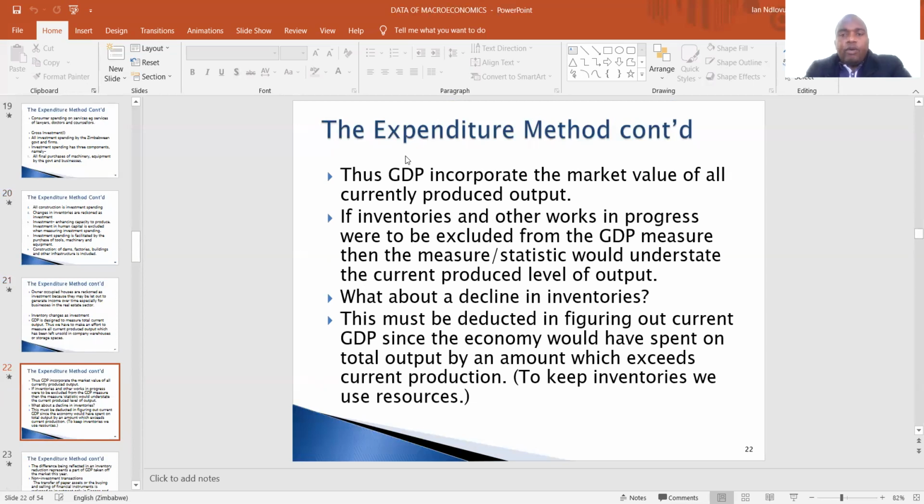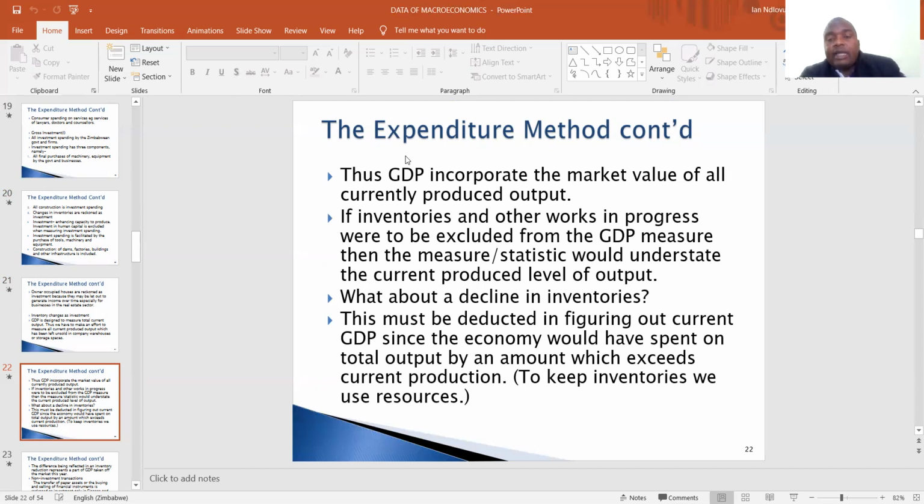Thus, GDP incorporates the market value of all currently produced output, regardless of whether it is sold or not sold. If inventories and other works in progress were to be excluded from the GDP measure, then the statistic would understate the current produced level of output.